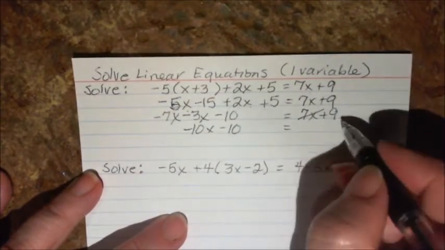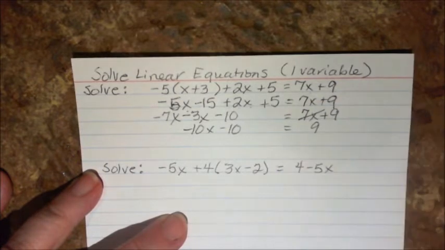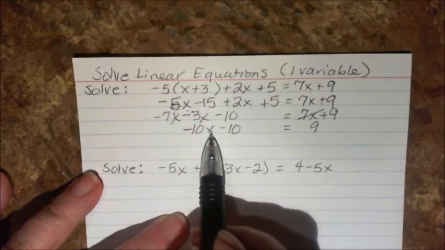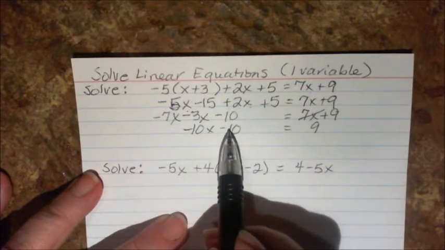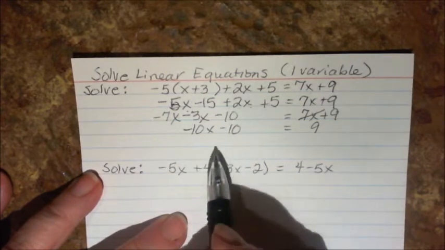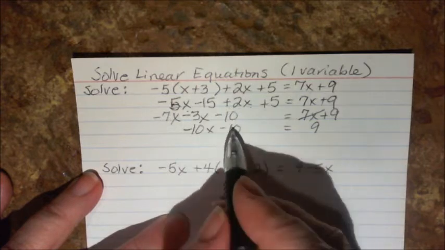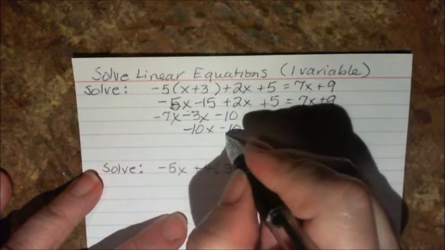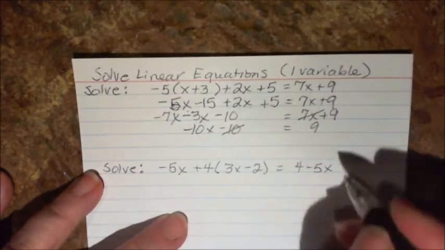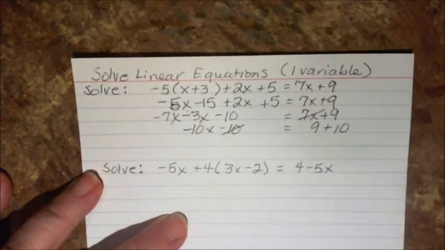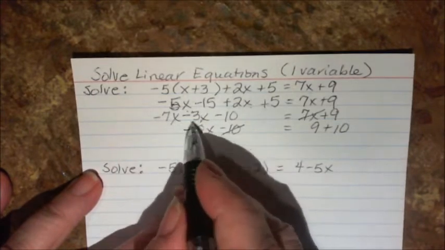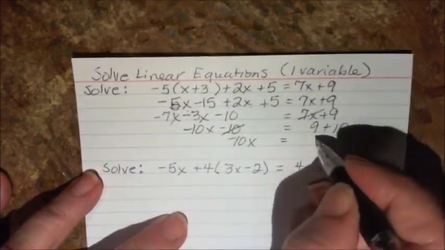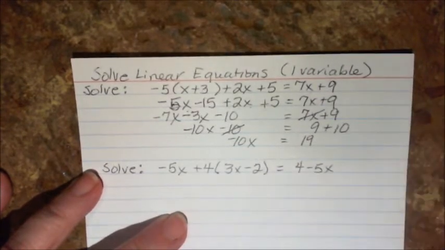And on the right, all we have left is positive 9. Okay. Our variable term, we want to eliminate the constant over here with the variable term, so we'll add 10 to both sides to eliminate negative 10. So adding 10 would eliminate the negative 10. We'd have to show addition of 10 on this side. Now we have negative 10x is equal to 9 plus 10 is 19.